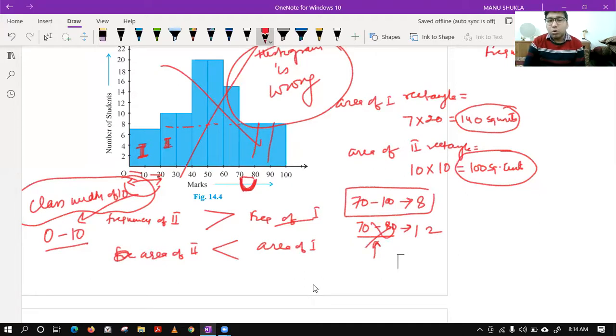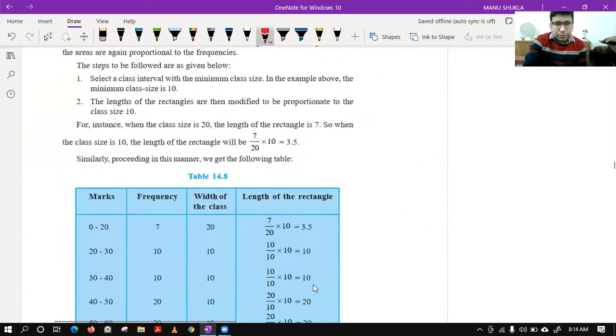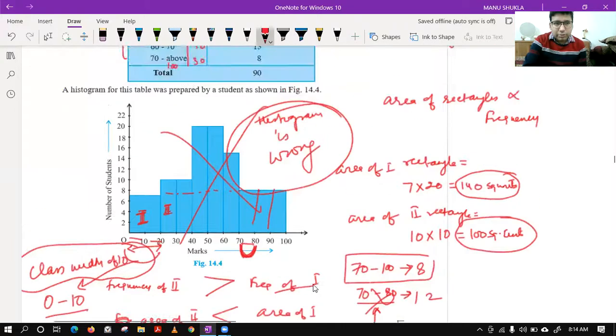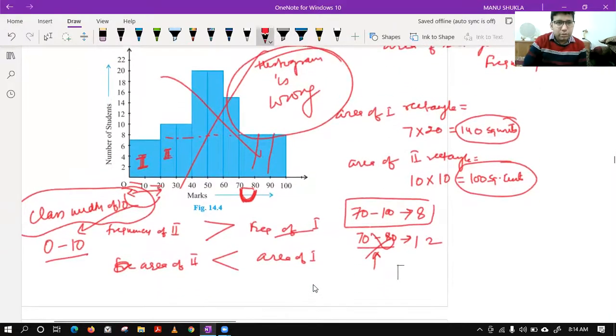Okay. Now, what is the other way? The other way is finding a new frequency. For that, we will go for the unitary method. We will try to find the frequencies for the minimum width. Let me erase something first.